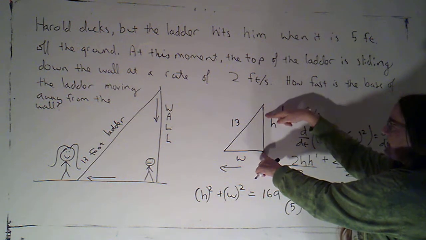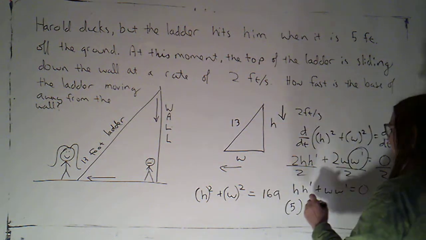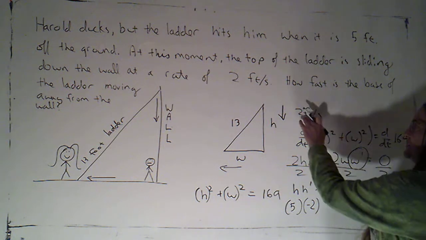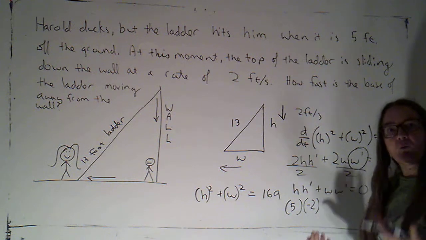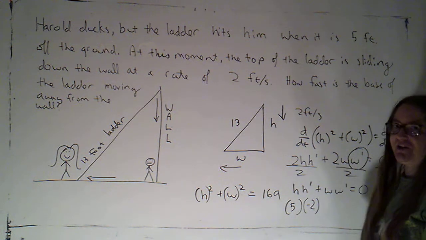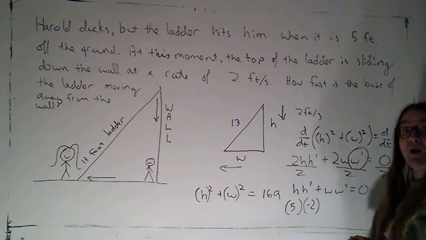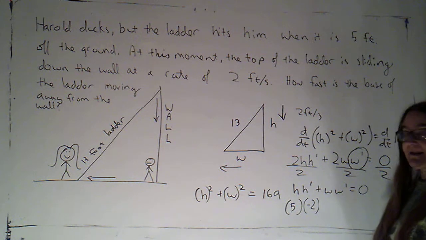If the ladder is sliding down the wall, h is decreasing, so the derivative is -2. Remember, we're almost always told the absolute value of the derivative, and then there are words to indicate the direction in which things are going. We need to translate that into a plus or minus sign, depending on whether our quantity is increasing or decreasing.